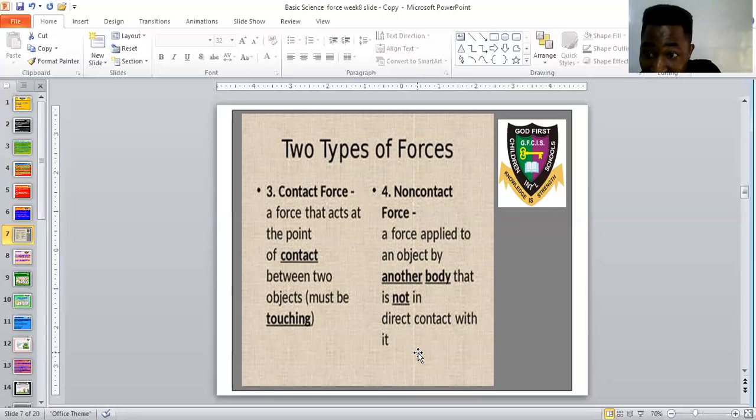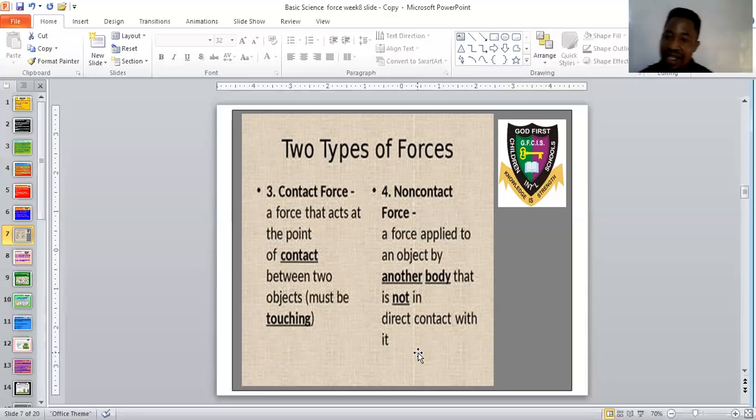What pushes them down? It is the force of gravity. An unseen force, yet it is pushing everything down. It is not in contact with the body, yet it is pushing the body. That is what we mean by non-contact force: a force that pushes or exerts force on another body without coming in physical contact with it. Another one is your magnetic force.